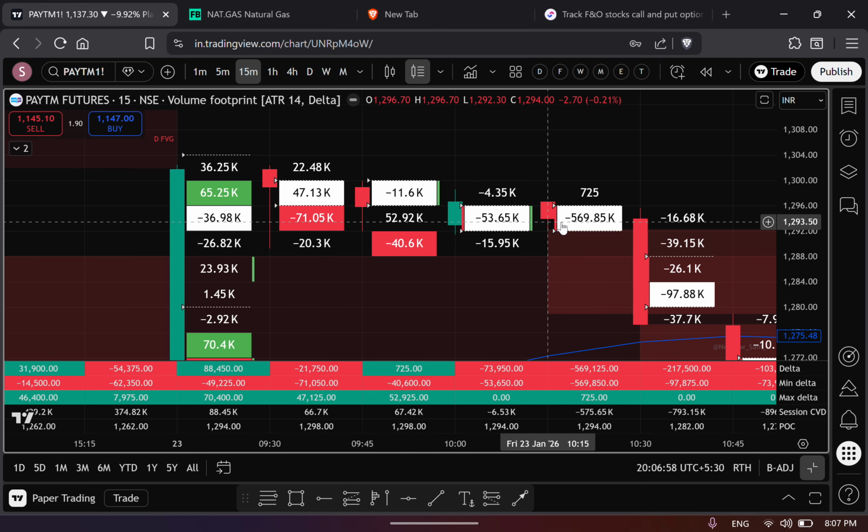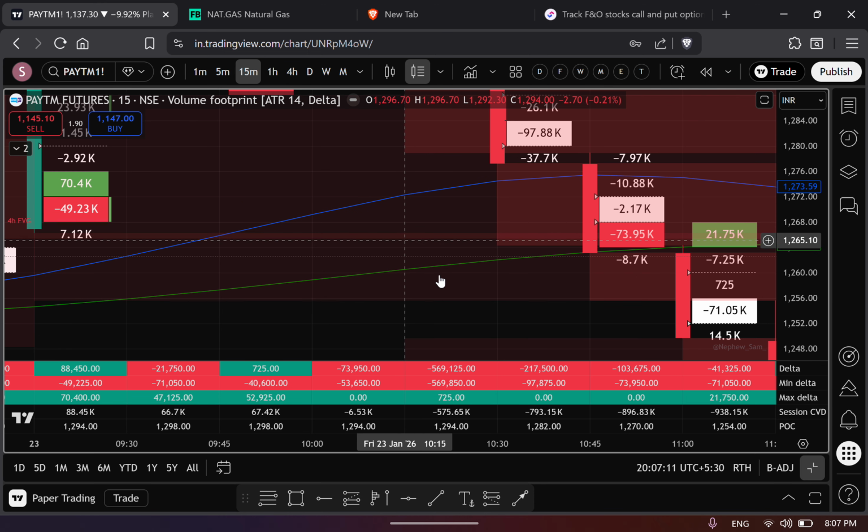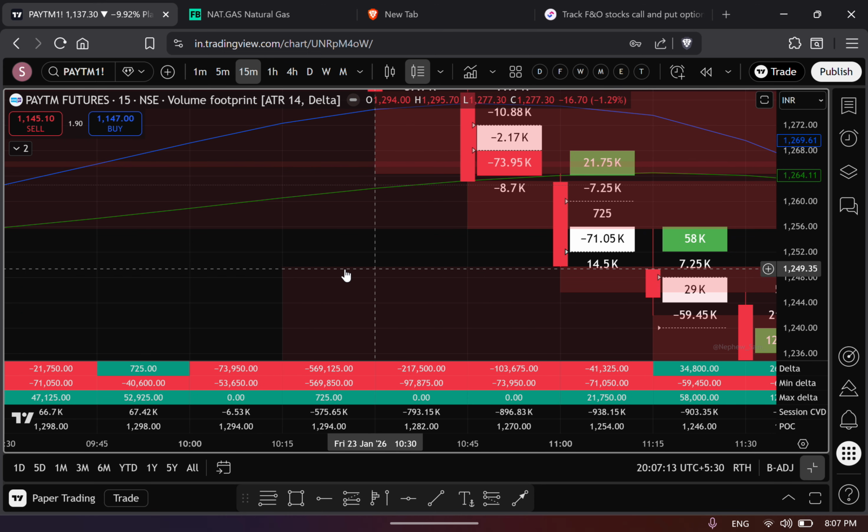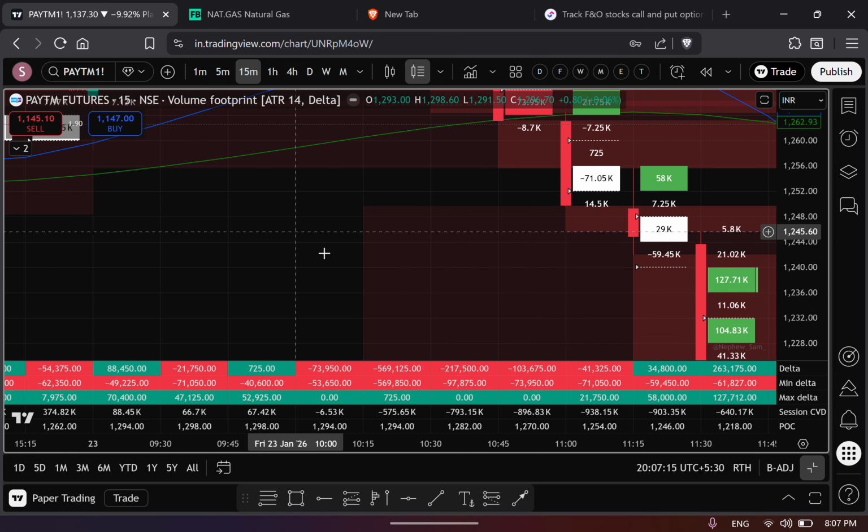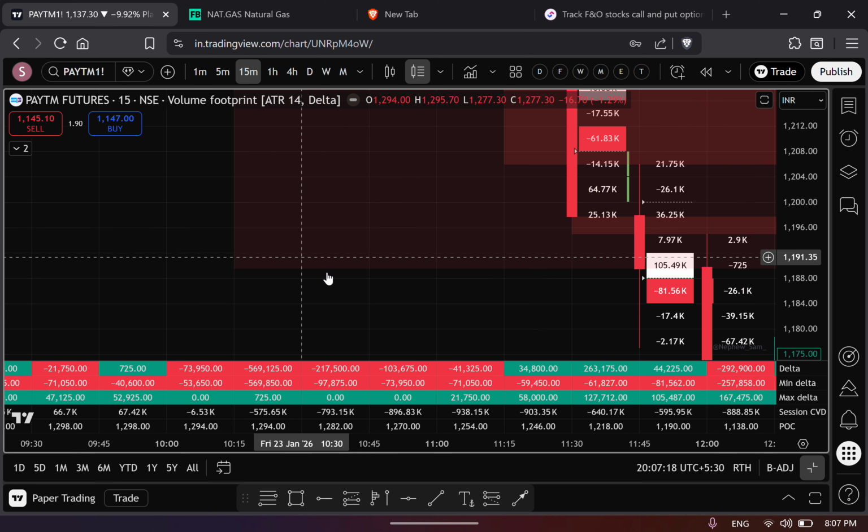So this candle clearly convinced me that you can go for a sell with a stop loss above the swing high, 1302 and 1293. So totally 8 points I put as the stop loss, and for nearly 16 to 17 points, but it went around 120. I captured very good profits on this particular trade.